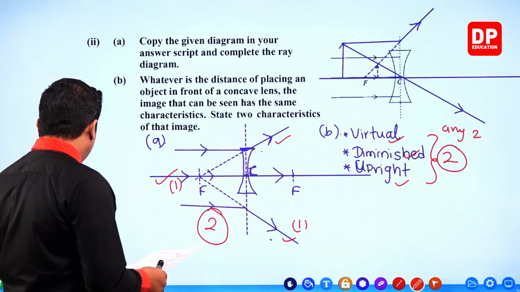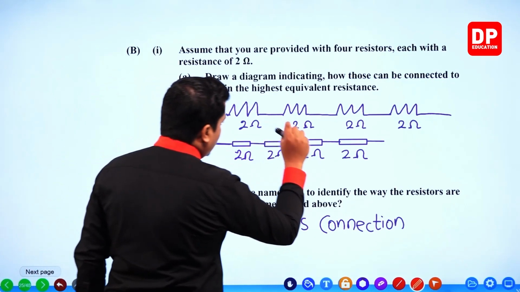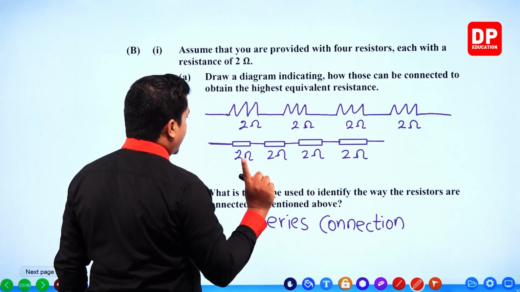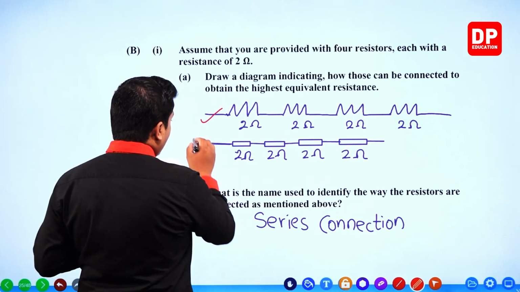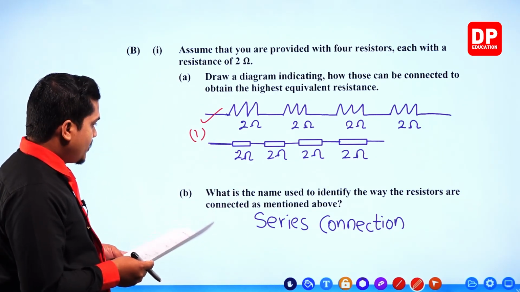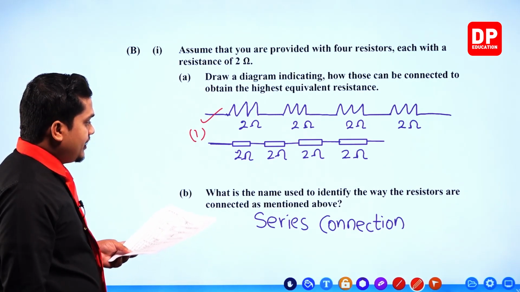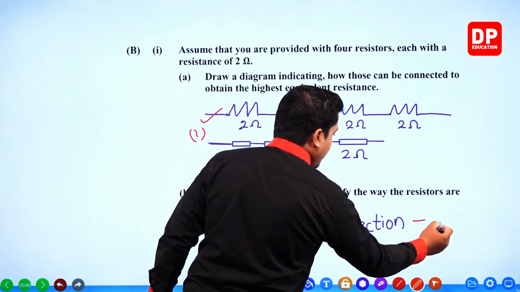Okay, then the next one. For this figure, whichever is correct, you'll be receiving 1 mark for the correct diagram. Then next one, my dear children, for the connection type, for writing down the series connection, again 1 mark.